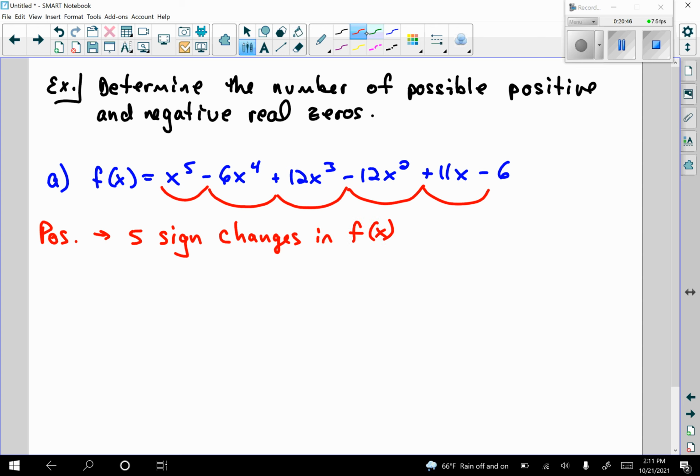So we're going to make this little chart off to the side. We're going to start with positive real zeros. We could have 5, or it can go down by a positive even number, so that would be going down by 2, so we could have 3 or 1.